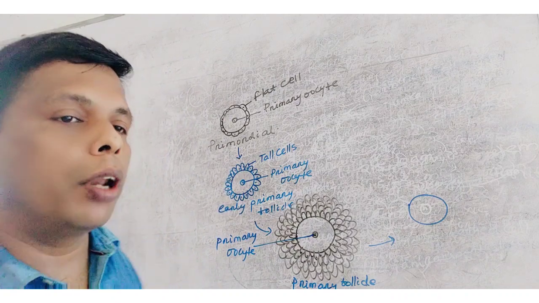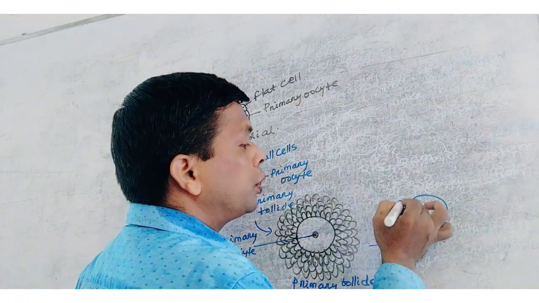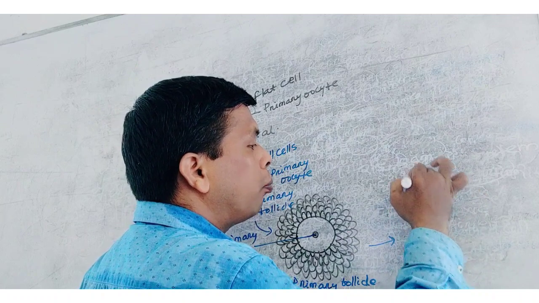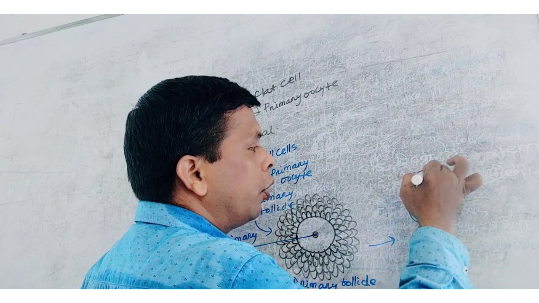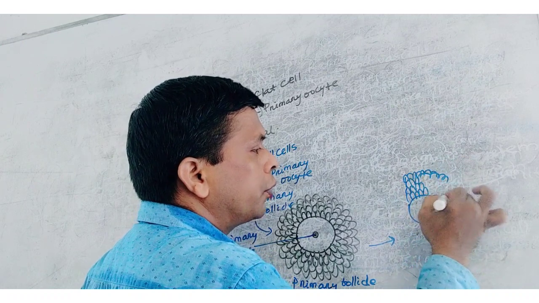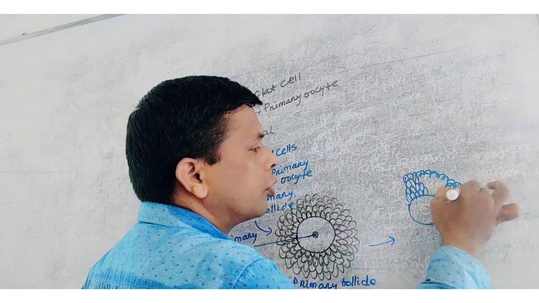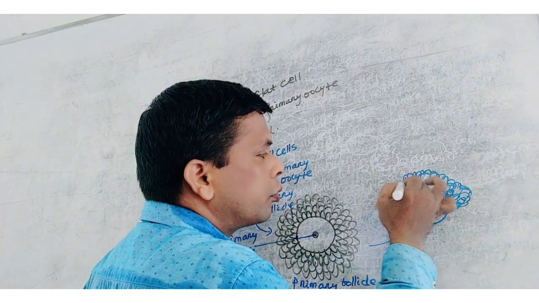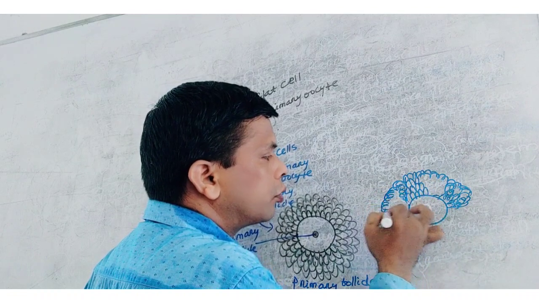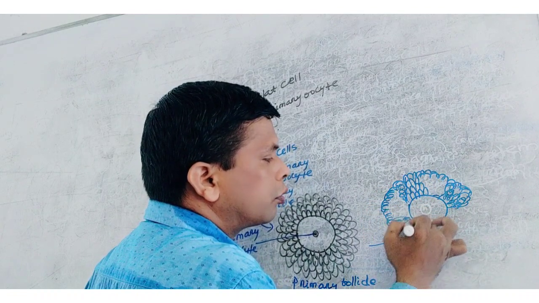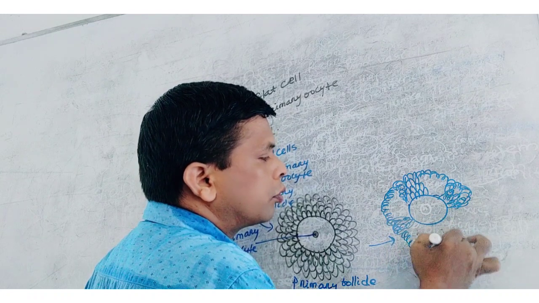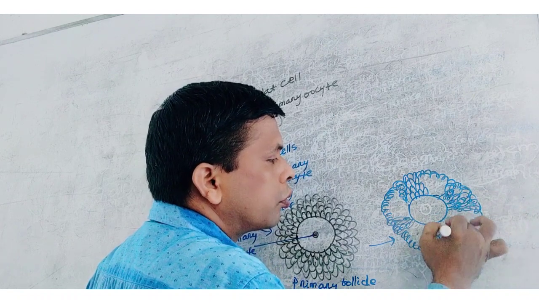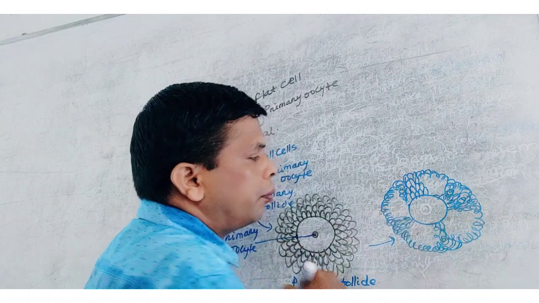The secondary follicle produces space between the multi-layered cells.